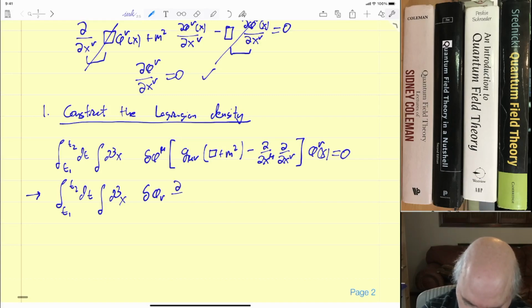I could use any index, but now that mu is gone, I can use mu again, so no big deal here. I have plus m squared del phi nu x.